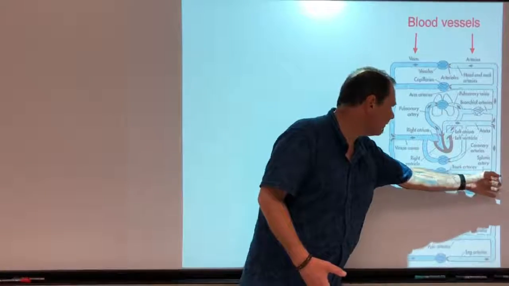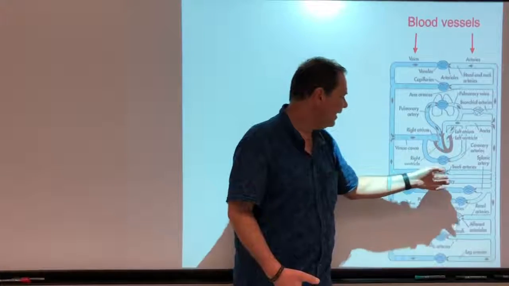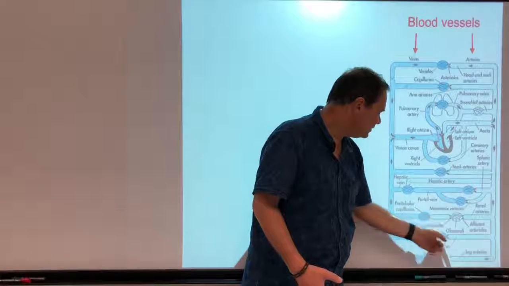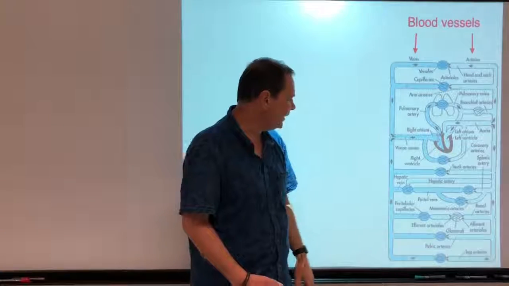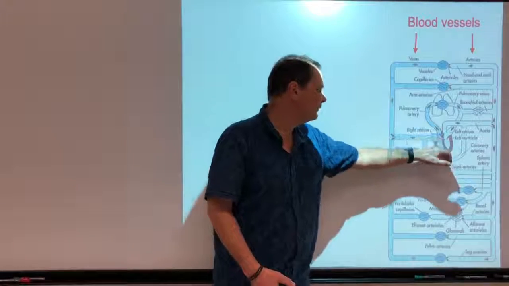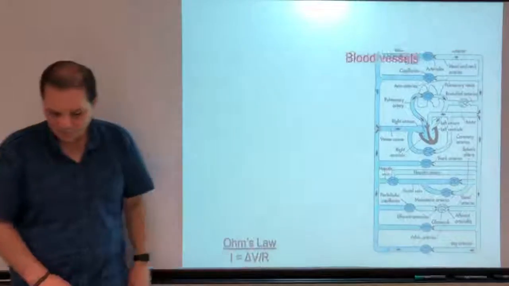Blood flows from the arteries to the veins, from high pressure to low pressure. As it does that, it perfuses the tissue beds, which you see here in this diagram. Okay? And the low pressure veins receive the blood, and that blood is returned to the right heart where it is pumped again.